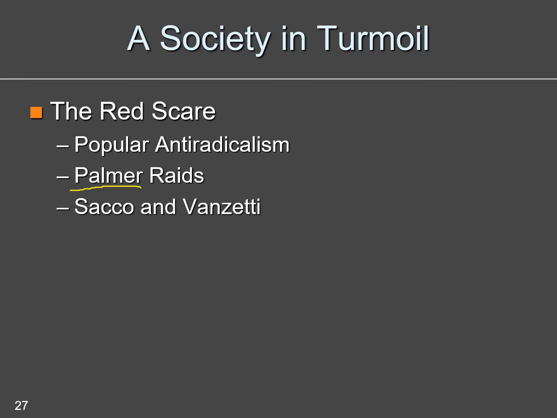They actually deport 450 of them to Russia, even though they weren't convicted of anything or necessarily even Russian. They were just deported to Russia. This is the first Red Scare in American history. This kind of breaks down when Palmer promises there's going to be this great uprising during May Day. May Day is a special day on the communist calendar. When it turns out to be nothing, the whole Red Scare kind of fizzles out.